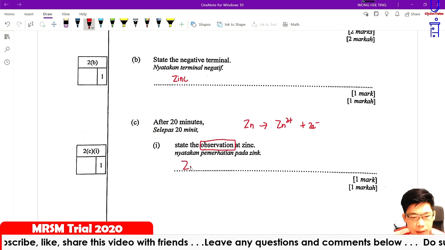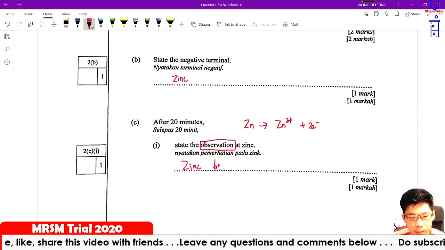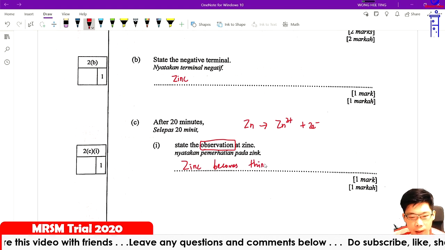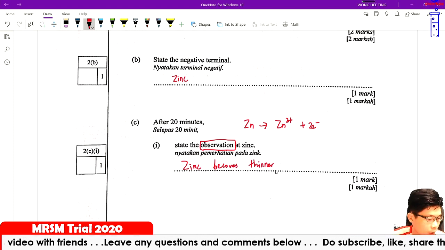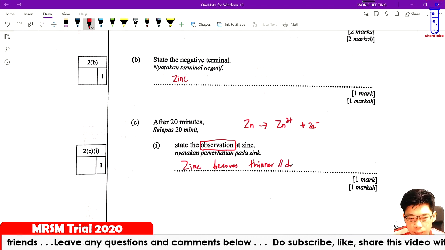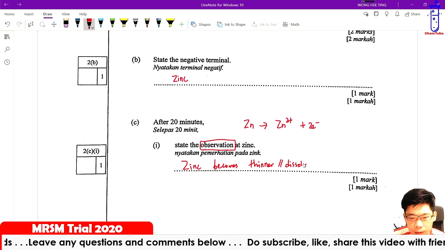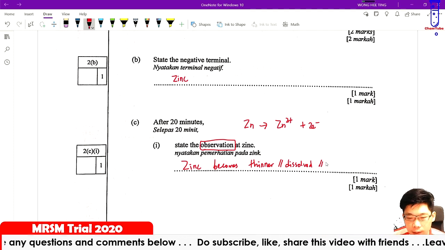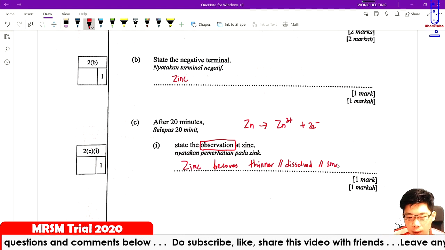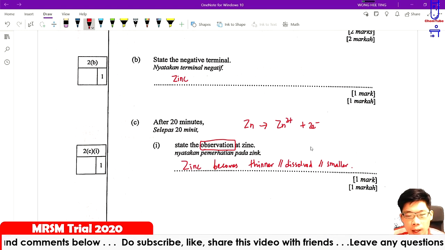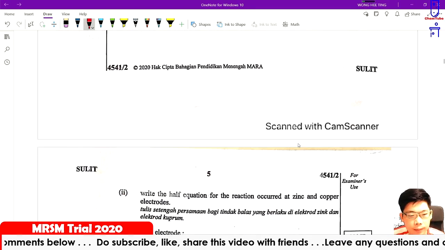Zinc becomes thinner, or you can say zinc dissolves, or zinc becomes smaller because it has changed to zinc ions.